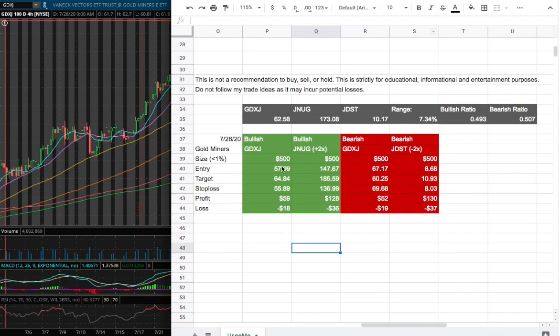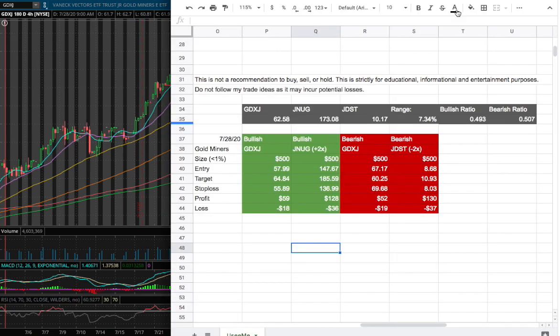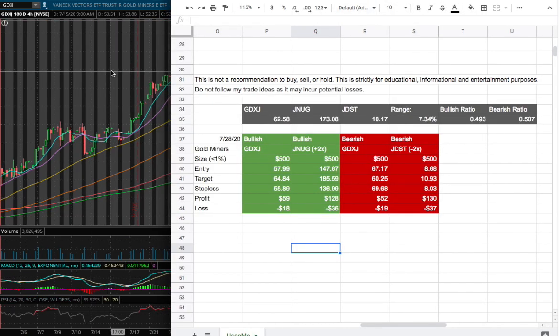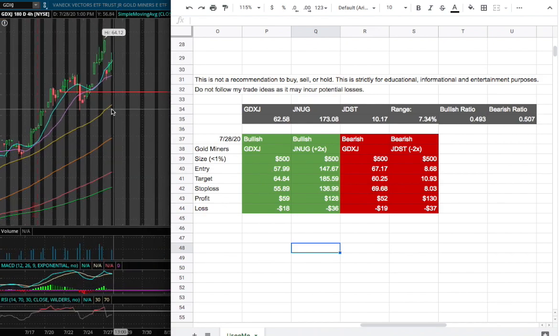a long position, and that is around a price of $57.99, or say $58. The stop loss for that long position will be, say, $55.89, so slightly below, right here around this range, and the sell target will be $64.84.